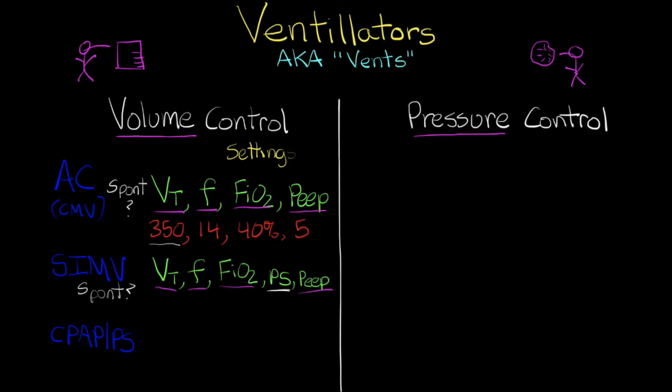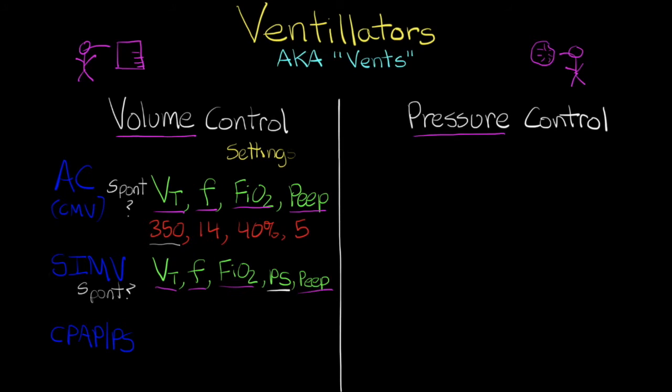That's exactly what pressure support does for our patients. It's a pressure that the vent will push with behind the patient's own spontaneous breath, and this will allow them to take a larger breath.